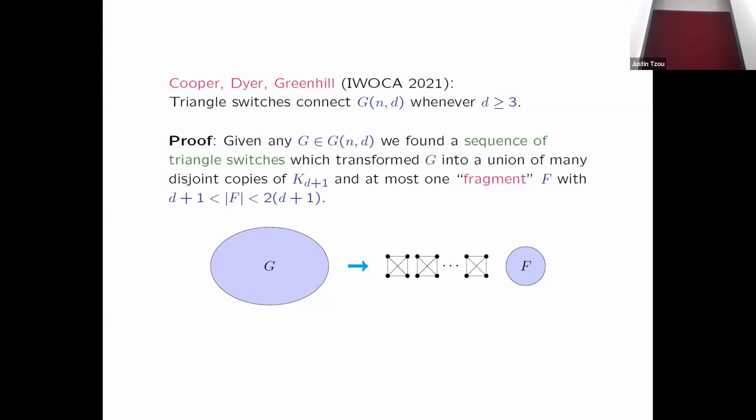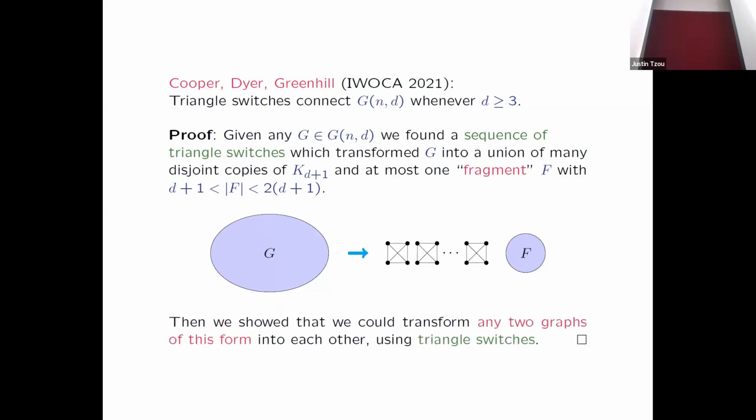If D is 3, they look like this. And there is at most one little fragment, which is too big to be a clique on D+1 vertices, but too small to break up into 2 cliques. So we showed we could transform any graph in G(D) into one of these, and then that we could use a sequence of triangle switches to map any one of those into another. Putting that all together, you can get from any graph to any other graph in G(D) using a sequence of triangle switches.